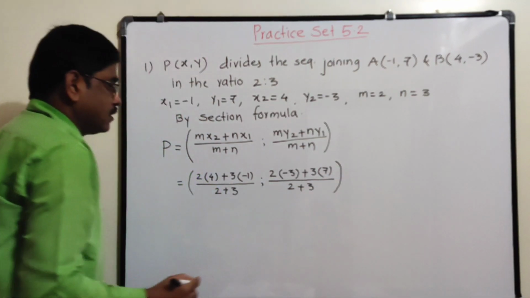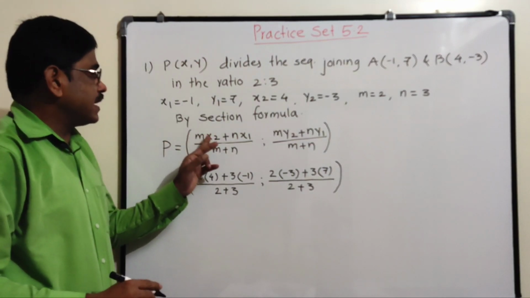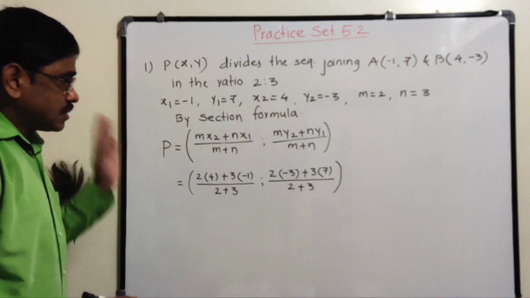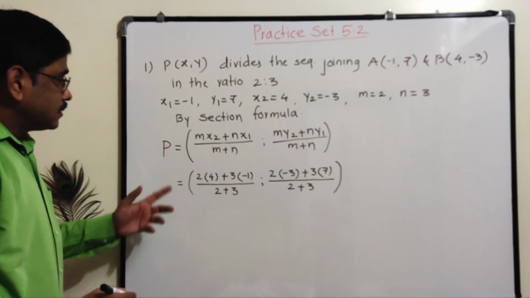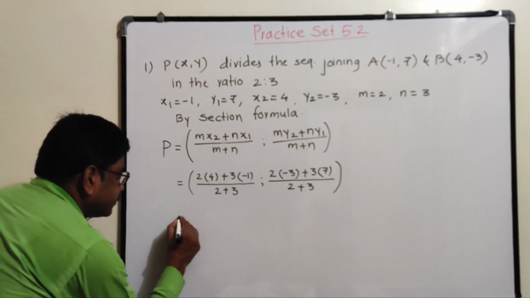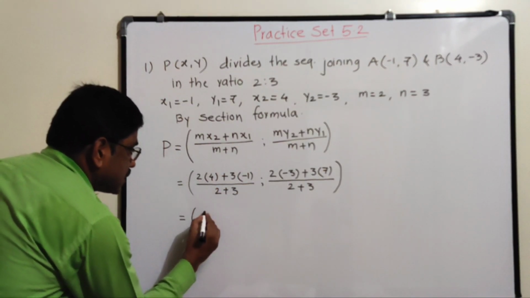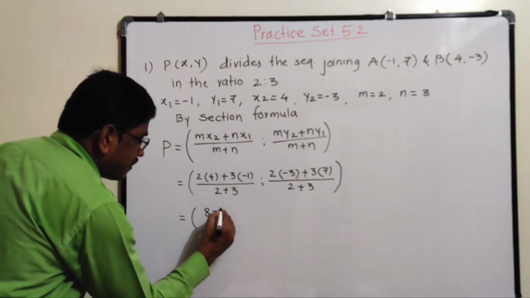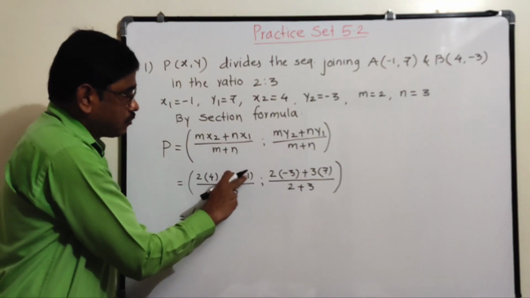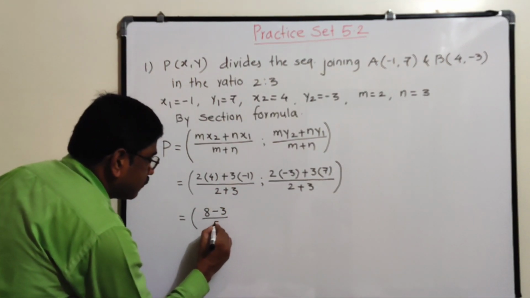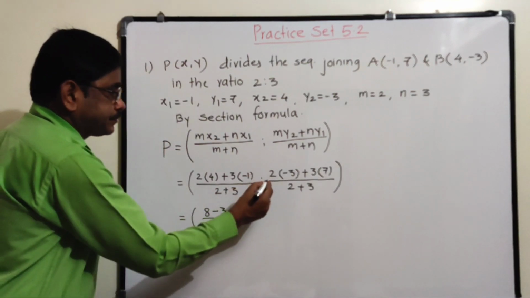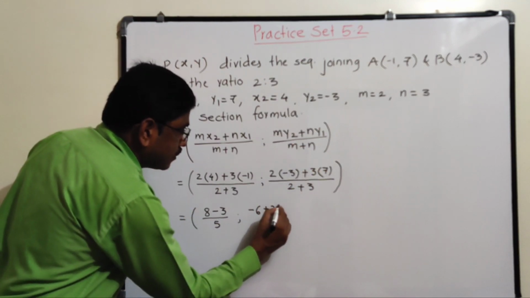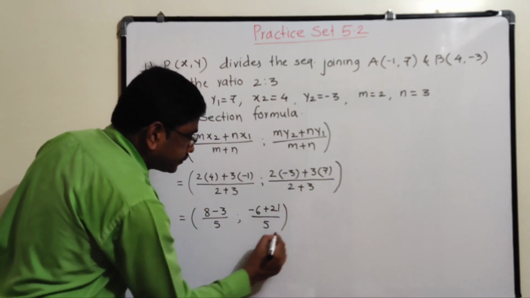So in this way, first substitute the values of m, x2, n, x1, m, y2, n, y1, and m plus n. After that, simplify, open the brackets. So we get 2 fours are 8 plus 3 into -1, so we get -3, divided by 5. Second, 2 into -3 is -6 and 3 sevens are plus 21, divided by 5.